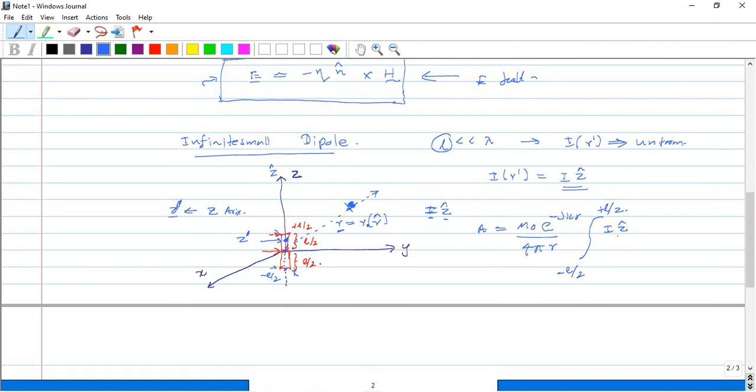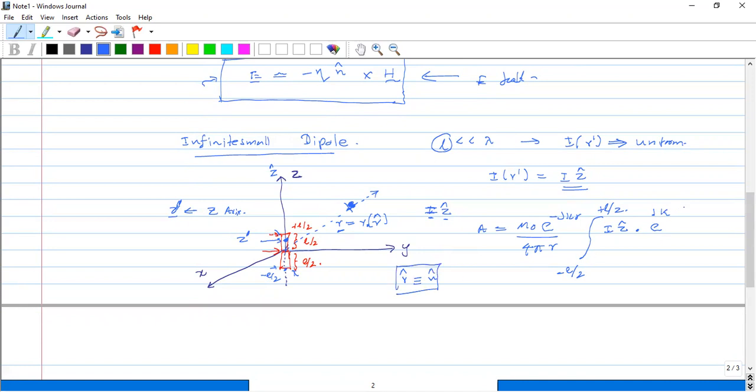This is the current, and e to the power jk n hat, where n hat in the far field is completely equal to r hat. This is the far field approximation.